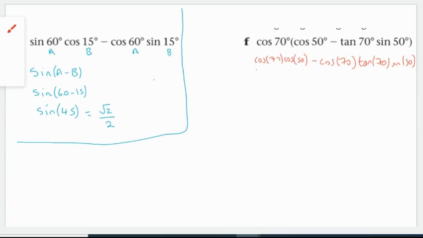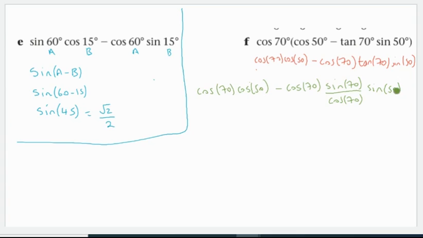I'm just going to leave the cos 70 cos 50 as it is. And I've got the minus cos 70. Keep in mind that tan 70 is sine 70 over cos of 70. So that's nifty. And then that's being multiplied by the sine of 50 that we have here.